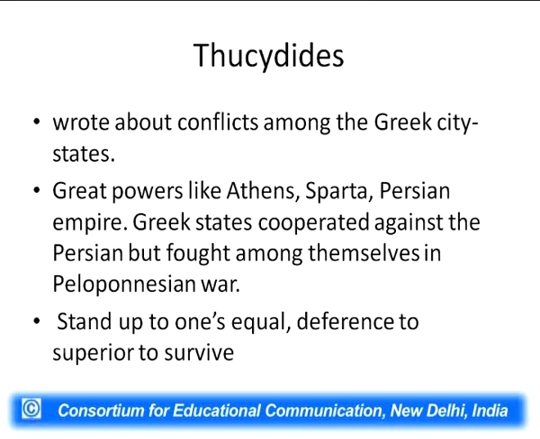Then Sparta was another powerful state in the Greek city-states. And from those observations, Thucydides argued how states are trying to maximize power, how it is very difficult to have long-term cooperation between states, and states cooperate only when there is some kind of external threat.